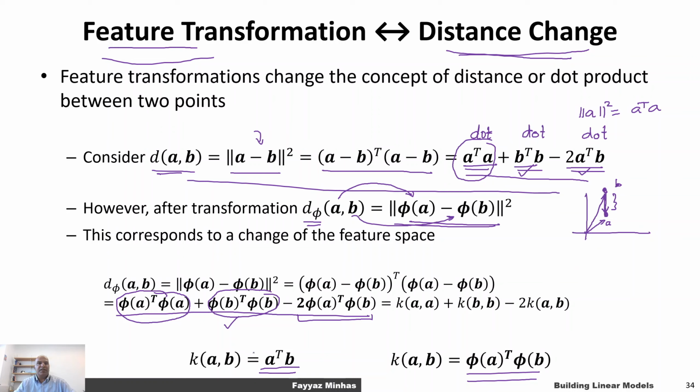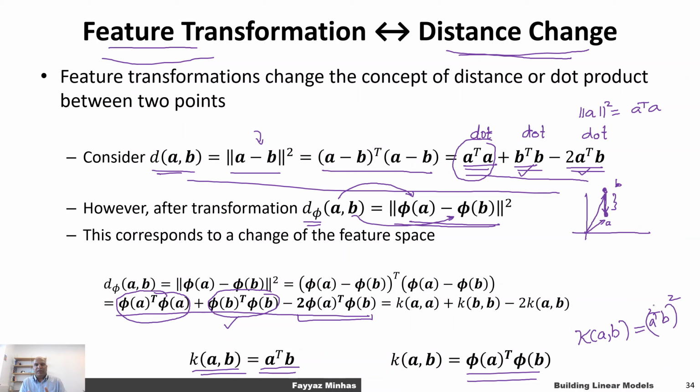Or in other words, let's say I change the definition of the dot product to a different formula, let's say A transpose B squared. Then that is also going to change the concept of distance between these points, and that is going to be equivalent to having an implicit transformation.